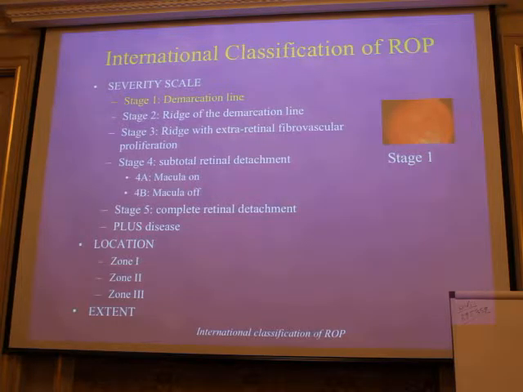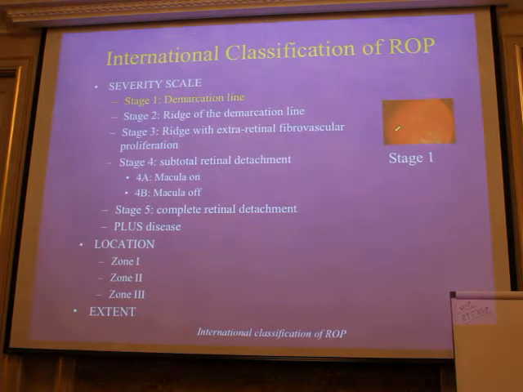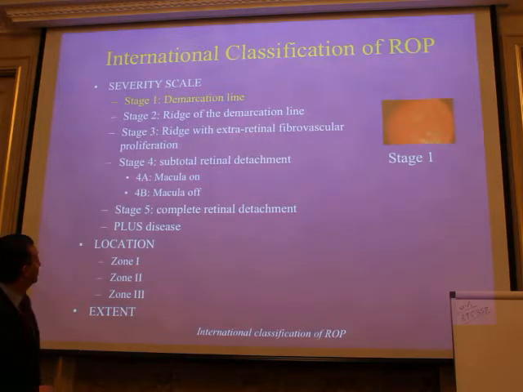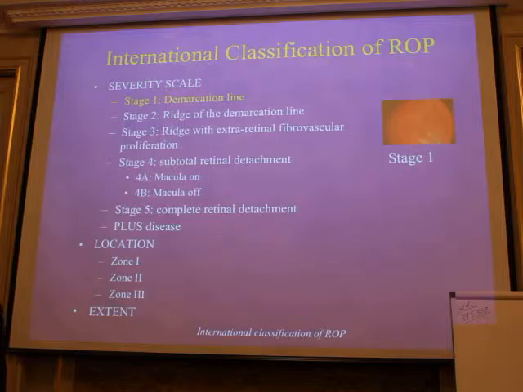The first sign that angiogenesis is starting rather than vasculogenesis resuming is what you see here as a stage 1 ROP. Basically, the recognition that there is a sharp line separating vascular retina from avascular retina. This is a stage 1 ROP.